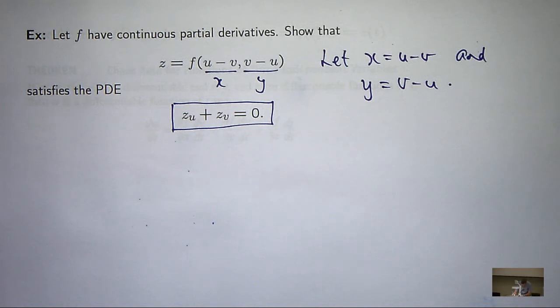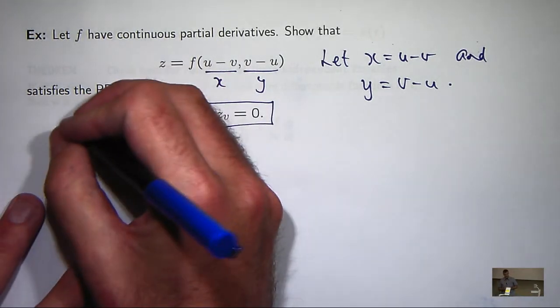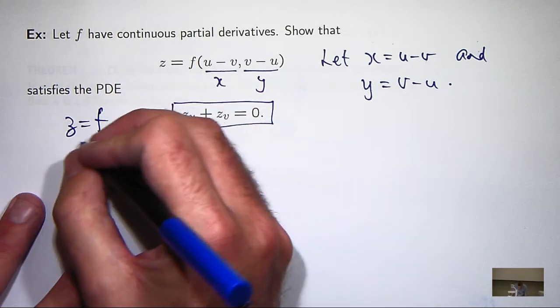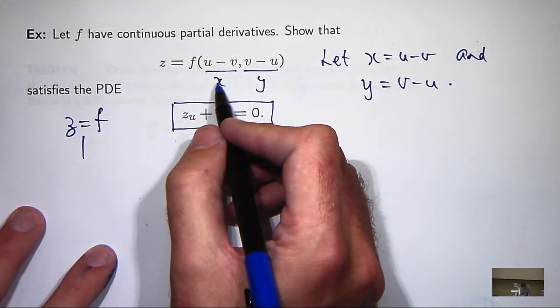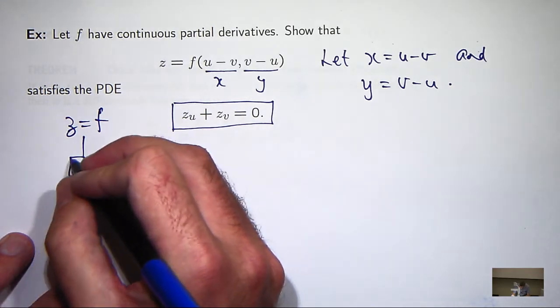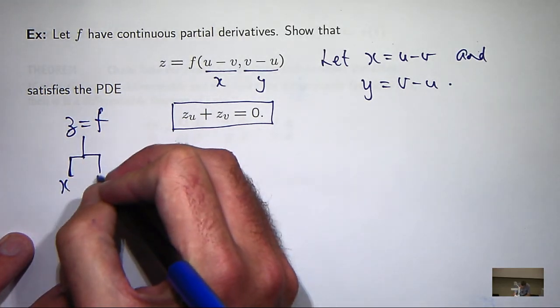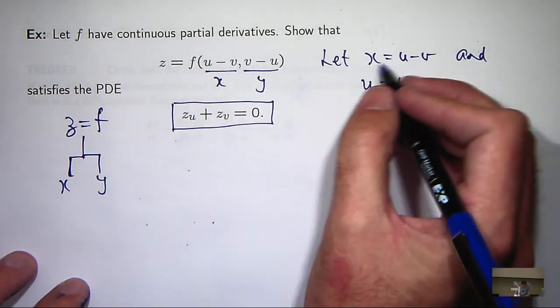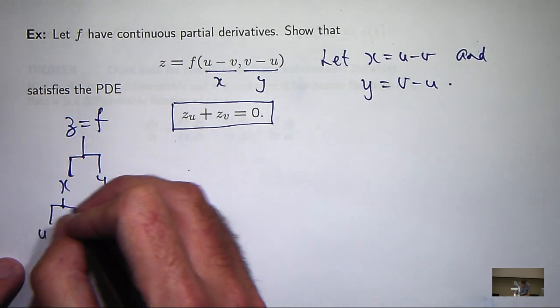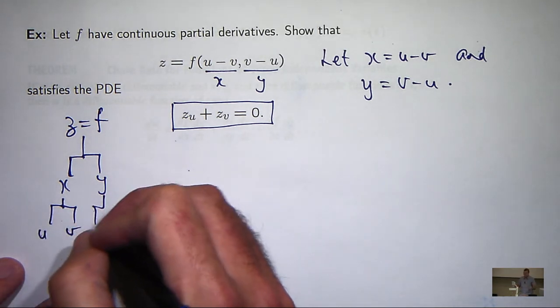So, to calculate our chain rules, all I need to do for this one is to go down the branches that lead to a u. So df dx times dx du plus df dy times dy du. Now I'm going to write this in terms of subscripts, just to keep it a bit simple.